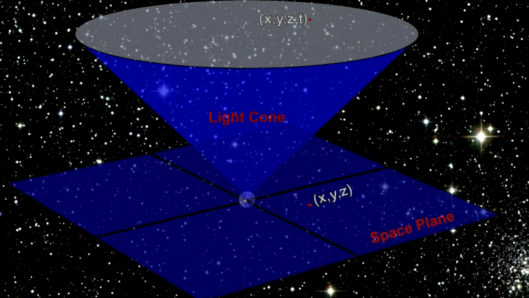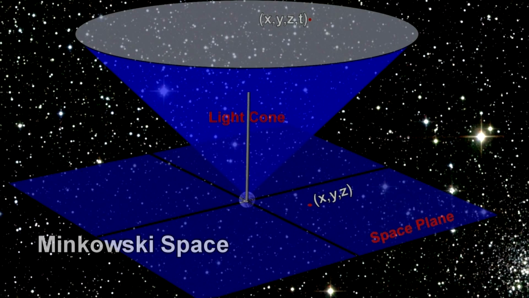A point on this graph represents an event with 4 coordinates: x, y, and z for space, and t for time. A mathematician named Hermann Minkowski developed the geometry for Einstein's space-time, so you may sometimes hear space-time referred to as Minkowski space.